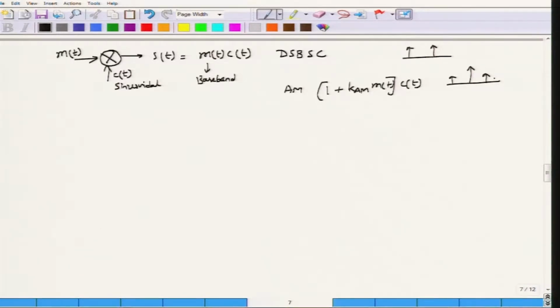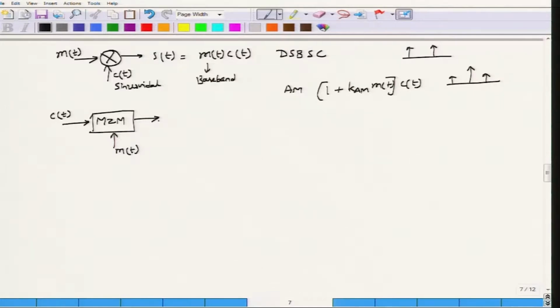Now, how can we realize this functional relationship with the Mach-Zehnder modulator? Let us look at what the Mach-Zehnder modulator functional relationship is by putting a symbol for it. This is my Mach-Zehnder modulator to which I am supplying light, let us call this c of t, and I should of course also supply m of t, but I know that this relationship is not exactly this multiplication.